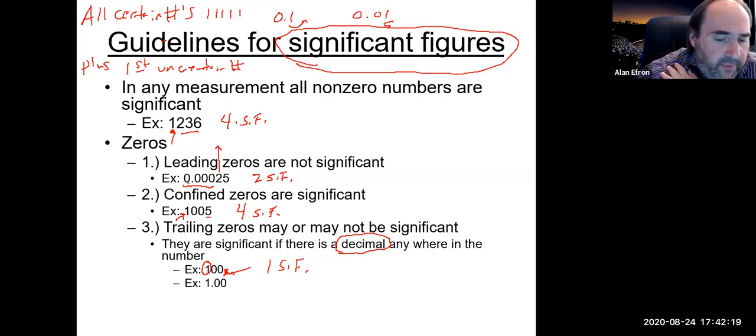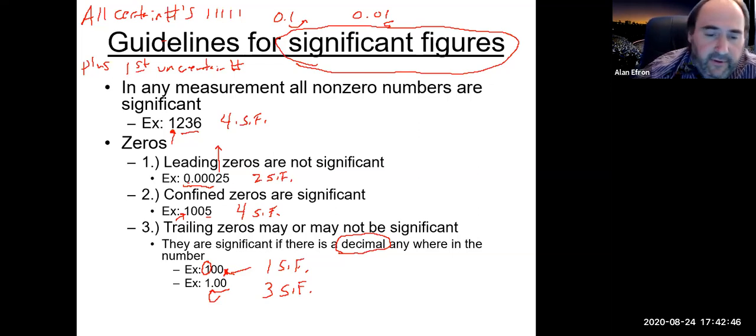Now, if we take 1.00, the 2 zeros here at the end now become significant because there is a decimal point in the number, and this would give us 3 significant figures in this particular case. So the 0 at the end, or multiple zeros at the end, will only become significant if there happens to be a decimal point in the number.